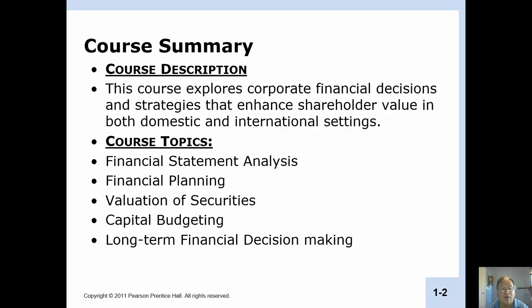And then finally, we're going to look at long-term financial decision making, reflecting more on where we get the money to do all these things. What are the financing choices that are made by management?